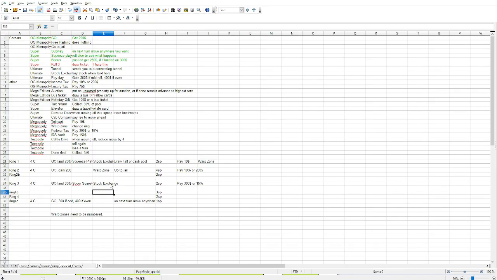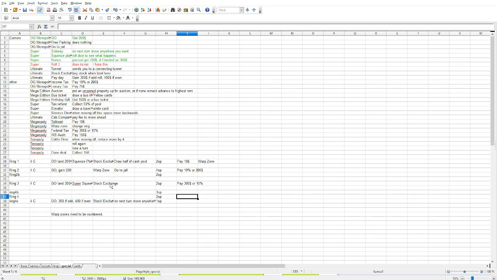Screw it. Oh, wait, this isn't a corner space. Whatever. Anyway, we'll see. Do I want there to be a stock exchange as a corner space on ring 4? Do I have a better idea for things to put on corner spaces on ring 4? No, actually I don't. Okay, then.